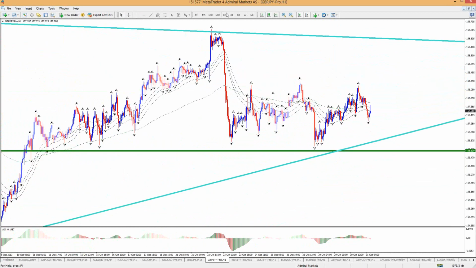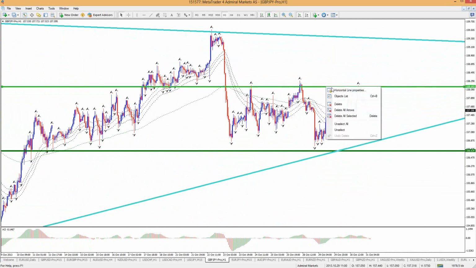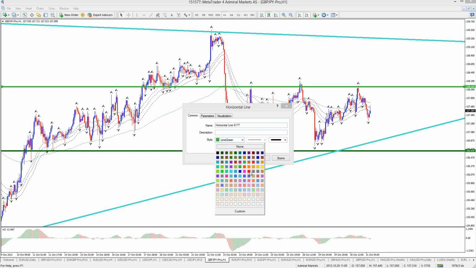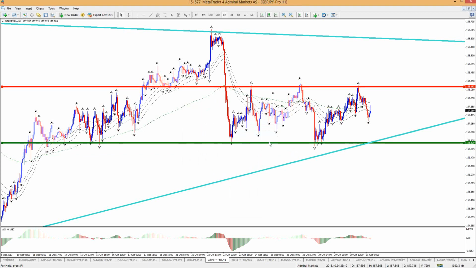Let's see. This is the pound yen. Pretty much stuck in this sideways move, isn't it?